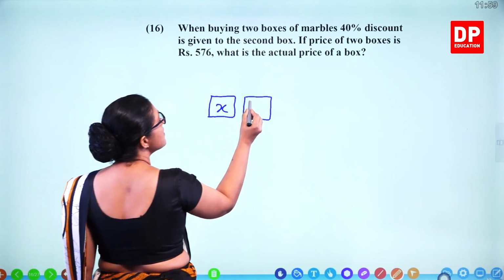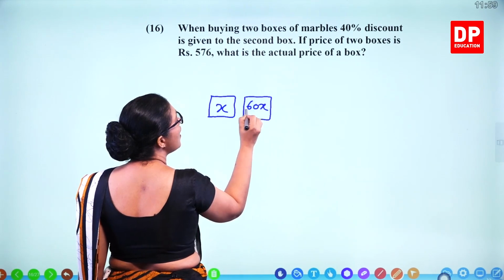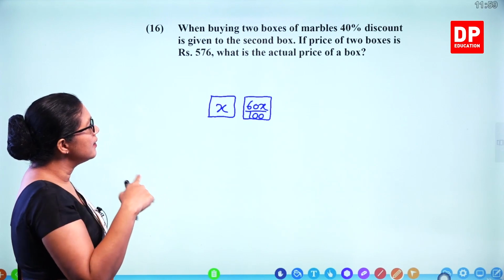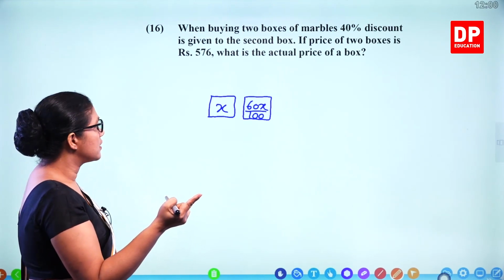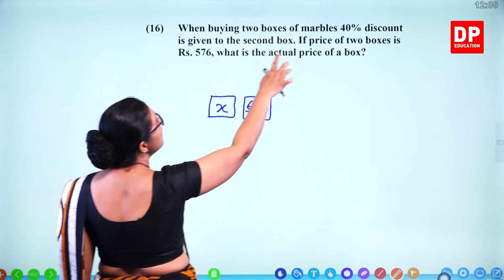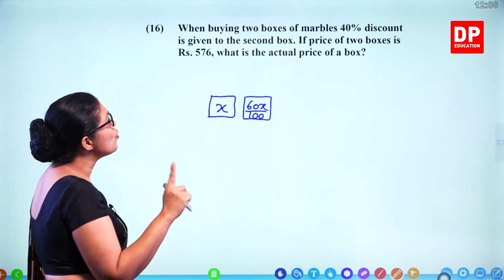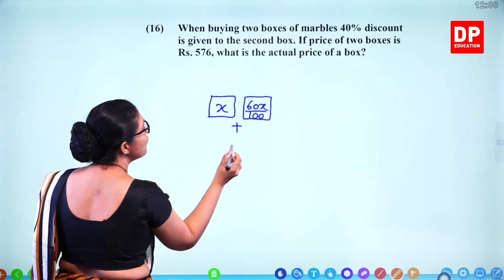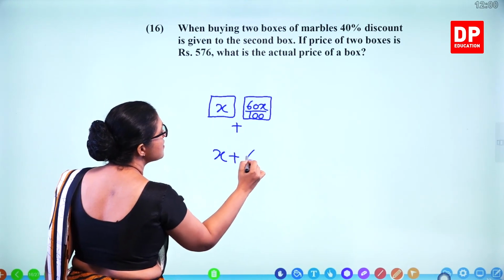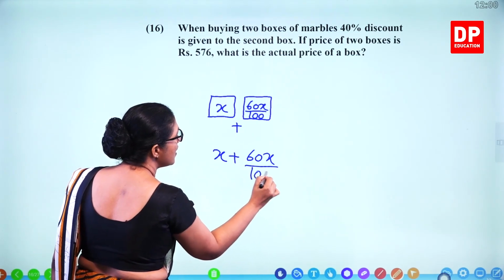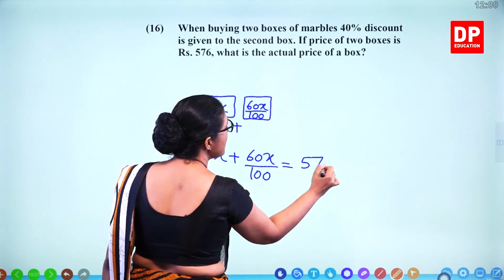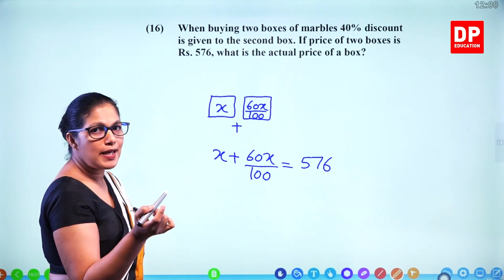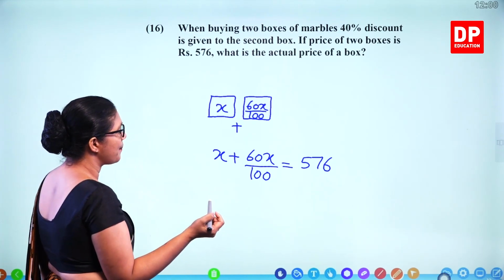So this is 60x over 100. That's the price of the second box. Then it says the price of 2 boxes is 576, that means the sum of these two, x plus 60x over 100, is 576. And to find the actual price of the box, you are asked to find x.